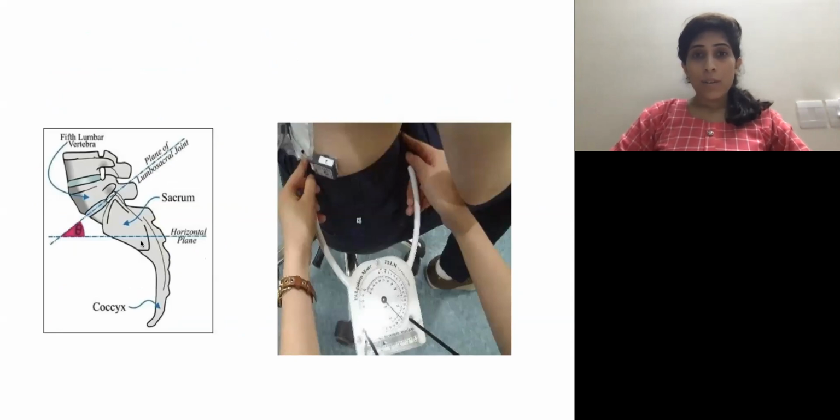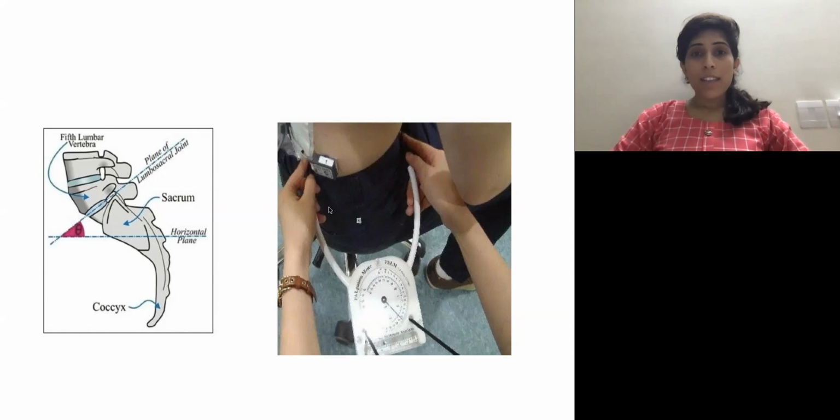One line is the horizontal line which is parallel to the ground, and another line will be drawn through the base of the sacrum. The angle between this horizontal line and the line passing through the base of the sacrum will be checked, and this angle is called the lumbosacral angle. Normally this angle is around 30 degrees.